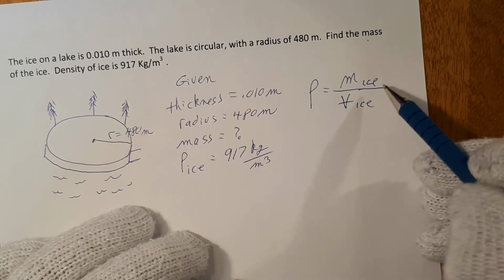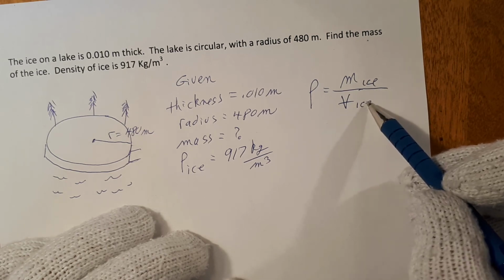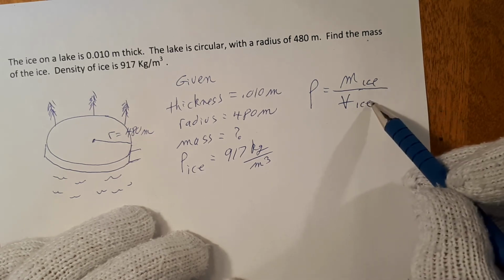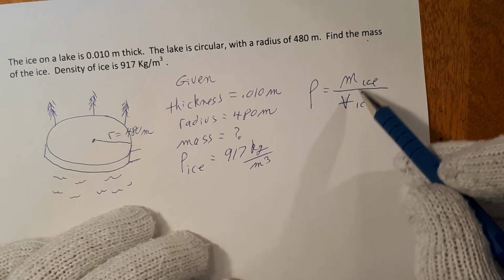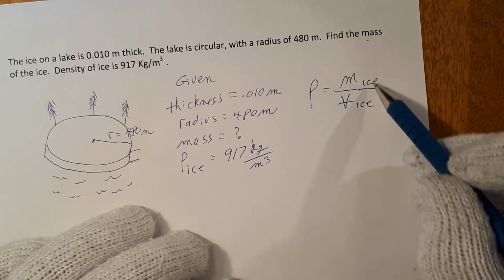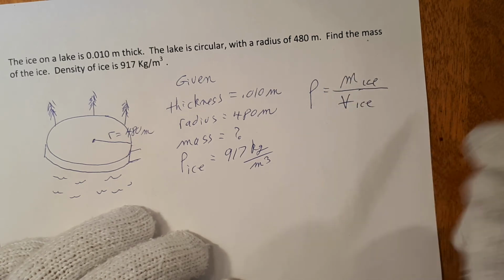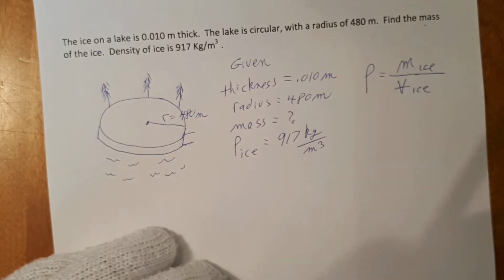So this equation works when you have the same items together, ice and ice, olive oil and olive oil, but it doesn't work if you have the mass of ice and the volume of olive oil. So everything here needs to be with respect to the same fluid or the same solid.